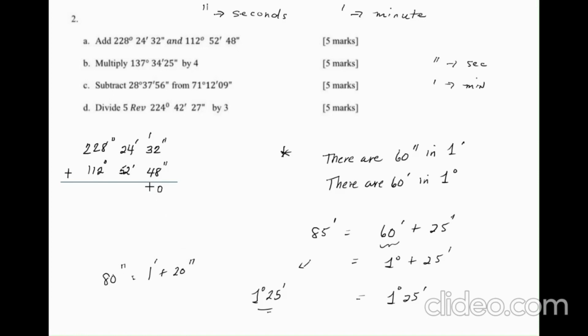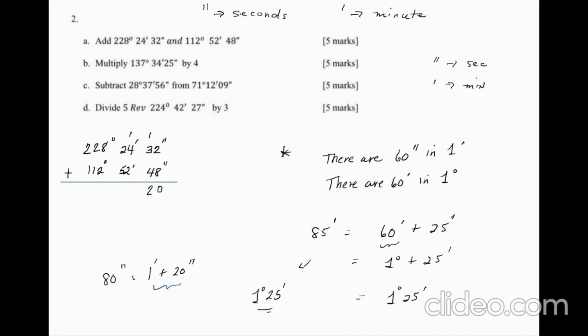So I'll bring down the 20 and add the 1 to the minutes section. Right here, notice I have minutes under minutes. So I carried the 1 over and left the 20 that I got from the 80. Got to be careful here.